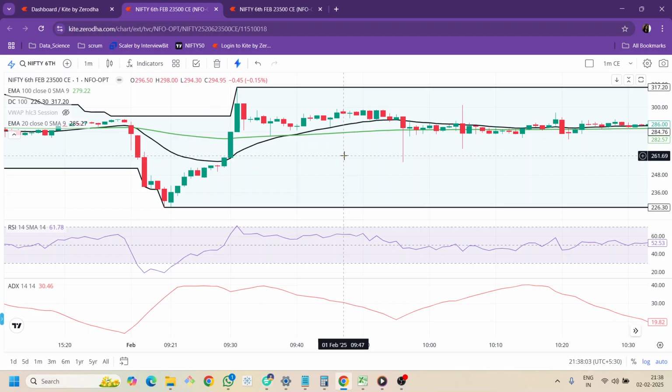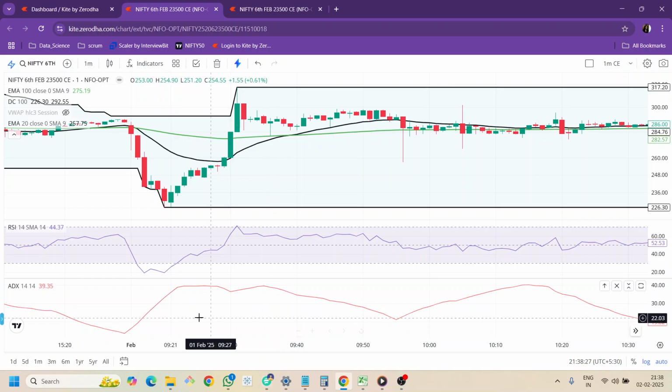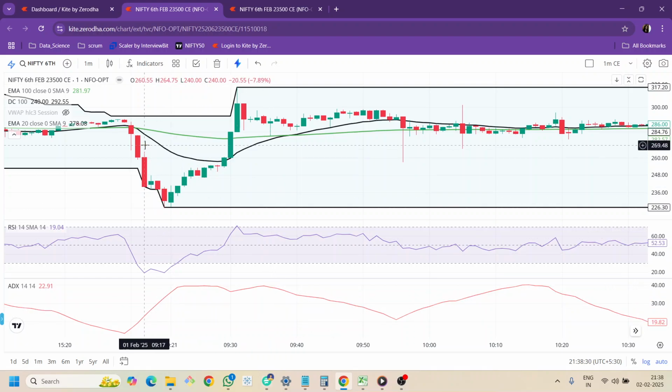Now, where are you supposed to take entry is the question. To answer that, anything below this black line, please don't take entry. Simple. In this case, from 9:15 to 9:30, I suggest please avoid, because it is coming below my 20 average line.